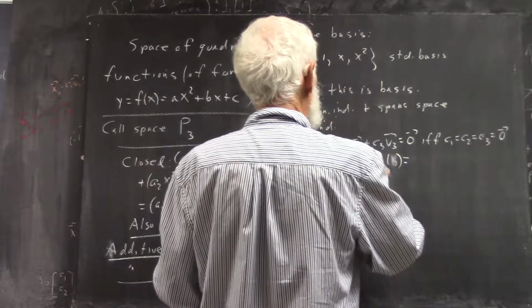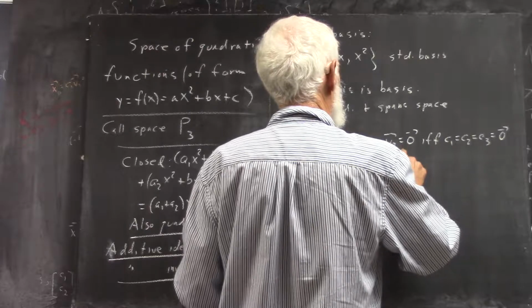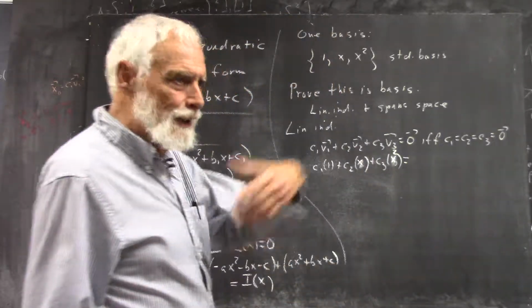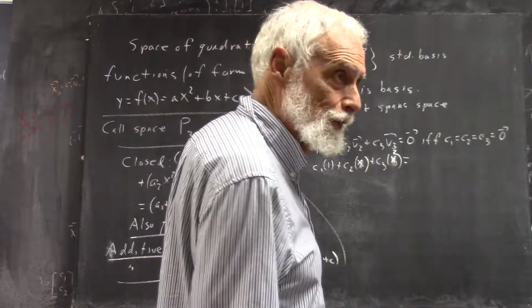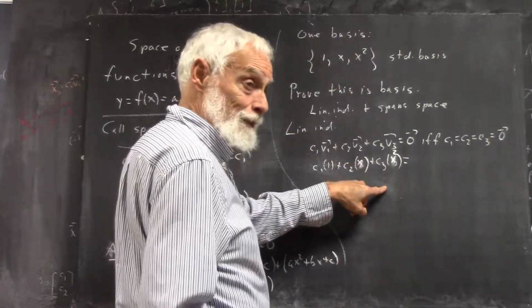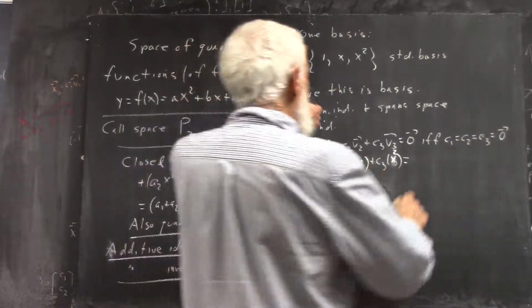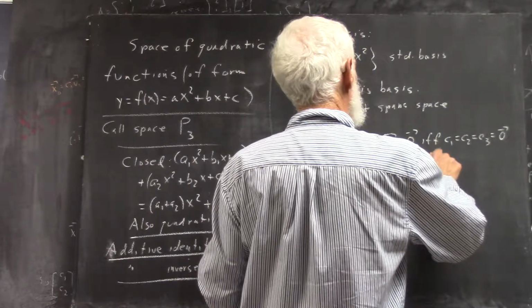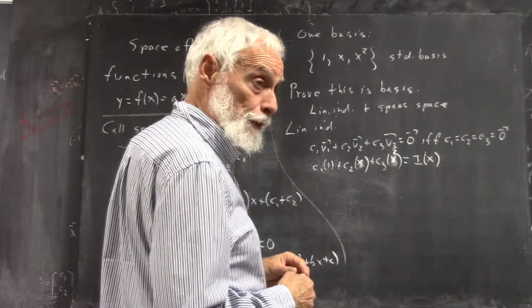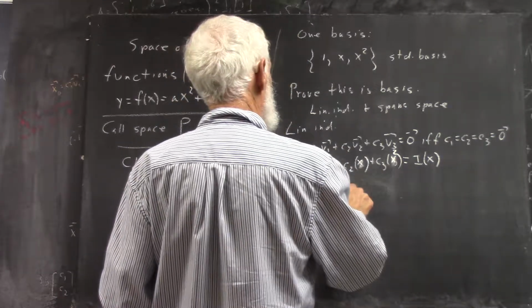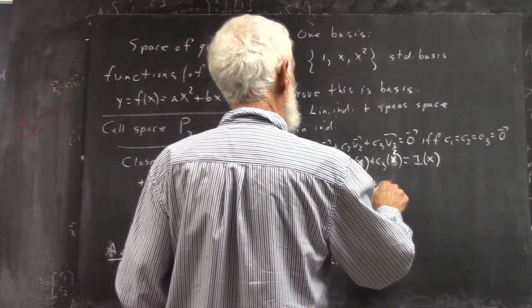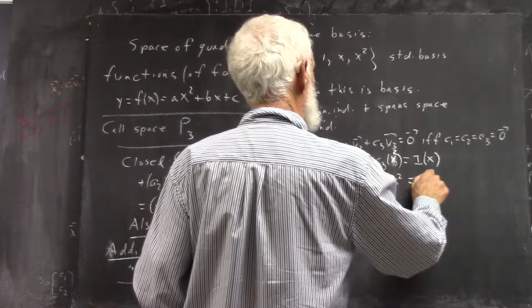It's 1, x, and x squared. Just because I get these patterns in my feeble brain and go on because I'm thinking about the next step, and shouldn't. Okay, anyway. Make sense? And this should equal 0 of x. Which means that C1 plus C2x plus C3x squared has to equal 0.